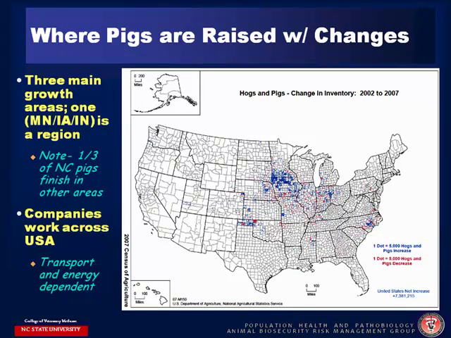This is a similar map, but a little bit different, looking at pigs, in that it looks at the change in pig populations from 2002 to 2007. These are supposed to be red dots. Red dots indicate where the industry has been shrinking or disappearing. The blue dots show where it has grown over those 5 years. No big surprise.